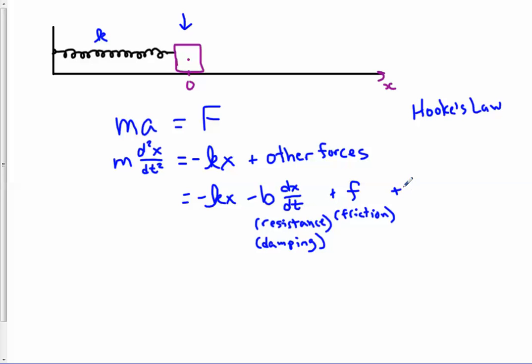Okay, and then finally, I'm just going to throw in maybe there are other forces that we might add in later. So maybe there's an additional force that we're adding in, like a driving force. So maybe we're pushing this thing manually, back and forth, back and forth. Or maybe there's a wind that's, so this is beyond the air resistance, but there's wind that's pushing this all the time.